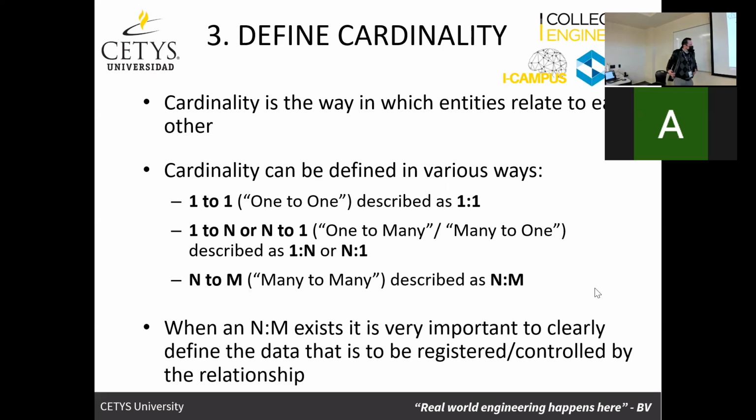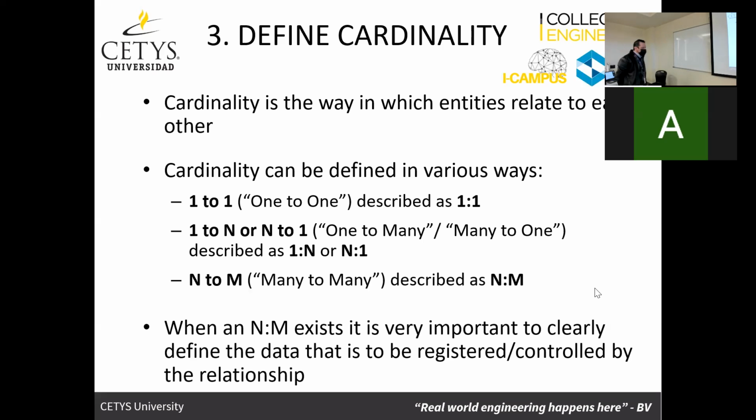Now there's the next type of relationship, which is called a one-to-many relationship. A one-to-many relationship is also represented as a one-to-n or n-to-one relationship.